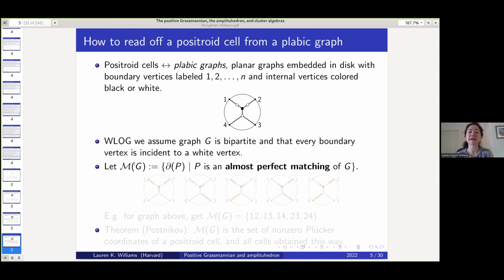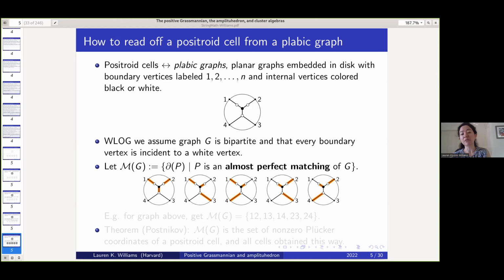So let's let M of G be boundary of P, which I'm going to define in a moment, where P ranges over the almost perfect matchings of G. Okay, so I have to define two things. I'll do it in this example. So first, an almost perfect matching of my graph G is a collection of edges of the graph such that every interior vertex, each black or white vertex, is incident to exactly one edge from my collection.